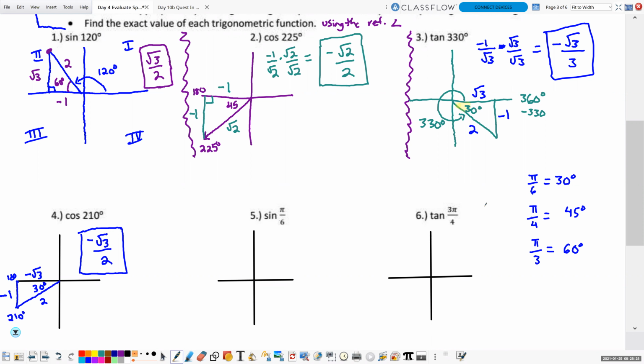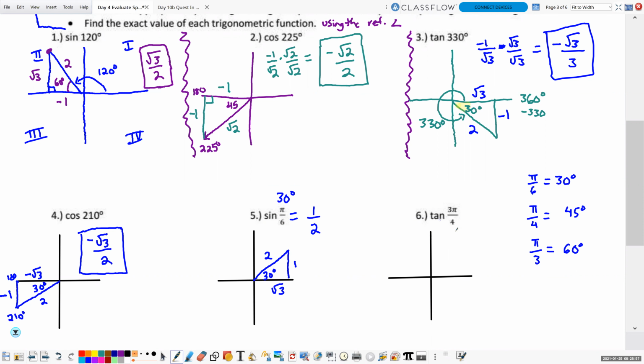And that can help you convert between degrees and radians really fast. So this is just the sine of pi over 6. This is just the sine of 30 degrees. I don't really need to put this in standard position, although it's nice, because it's its own reference angle. So the sine of pi over 6 is just going to be 1/2.